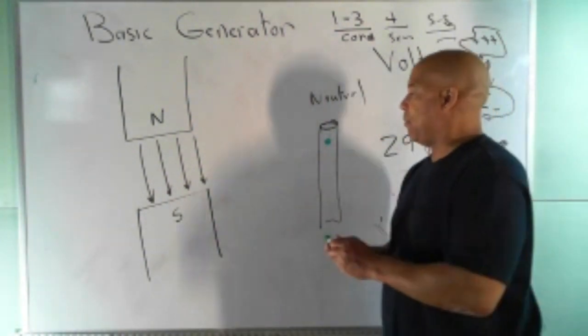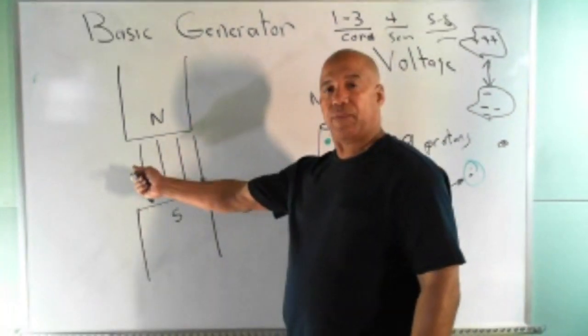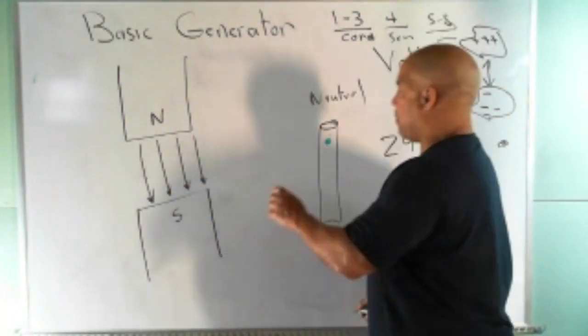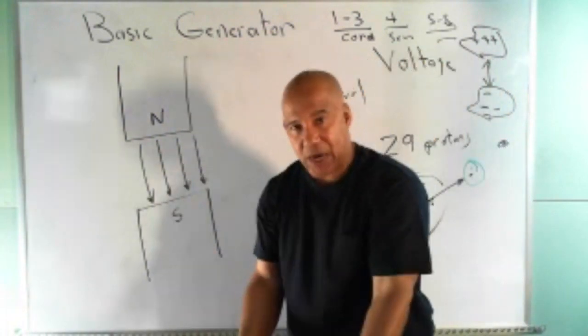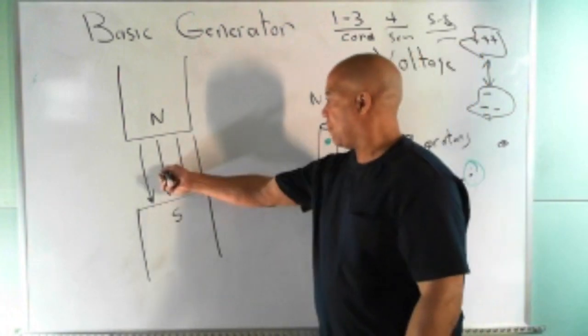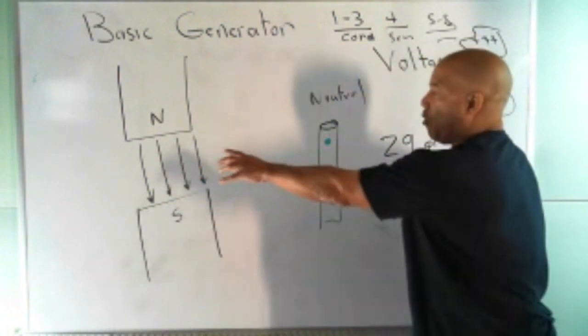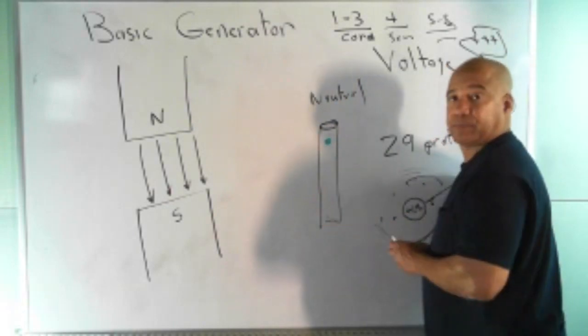What do you think happens when I take that copper wire and move it through the magnetic field? Remember, anytime I have electrons moving through a magnetic field, there's a sideways force acting on it. When I move this through here, the force on this electron is going to push it down to one end.